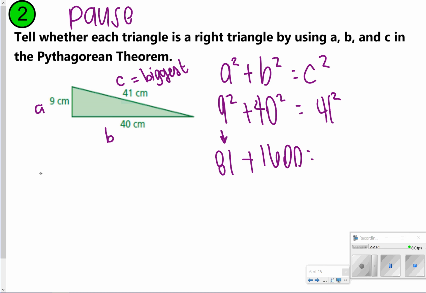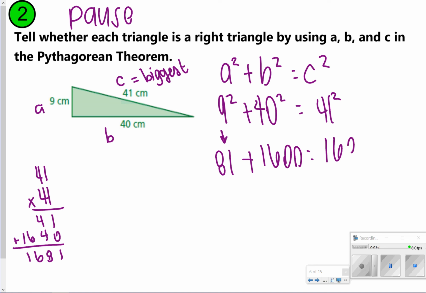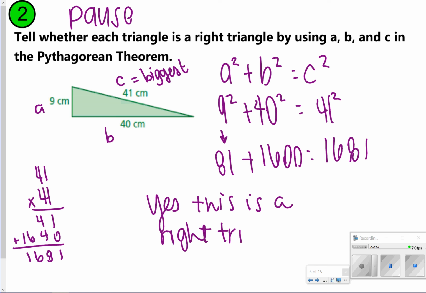I did have to do some work for 41 times 41, and that does give me 1681. And as you can see, 81 plus 1600 does equal 1681. So we would say, yes, this is a right triangle, because a squared plus b squared equals c squared.